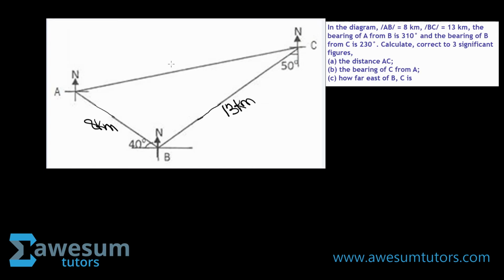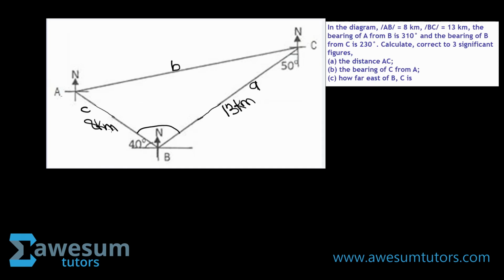The side that is facing this angle B, I will take as lowercase b, and this side is lowercase a, facing angle A. This is angle C, facing this side, lowercase c. Just take note of that first.